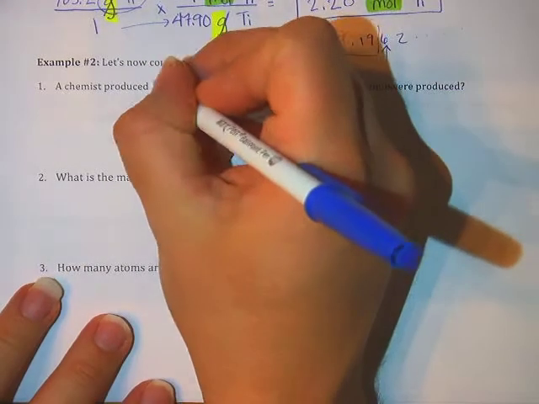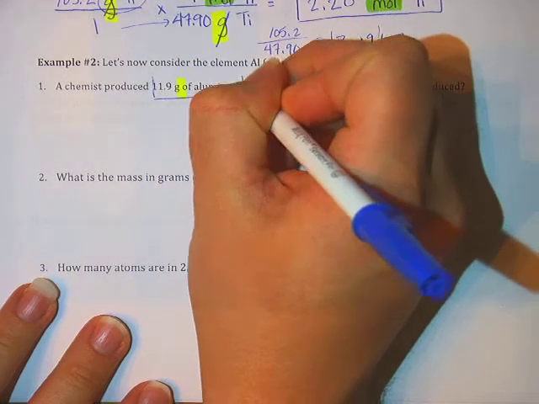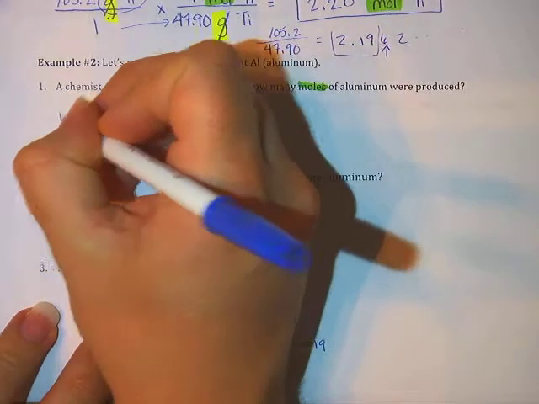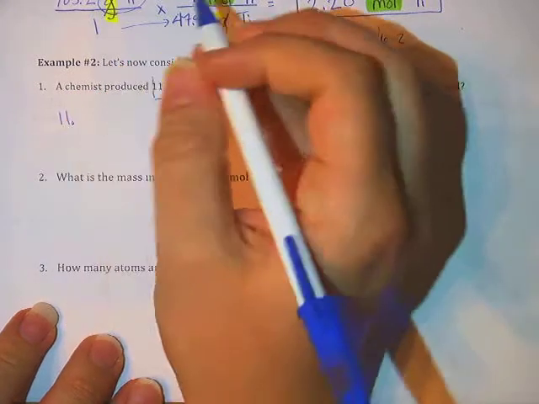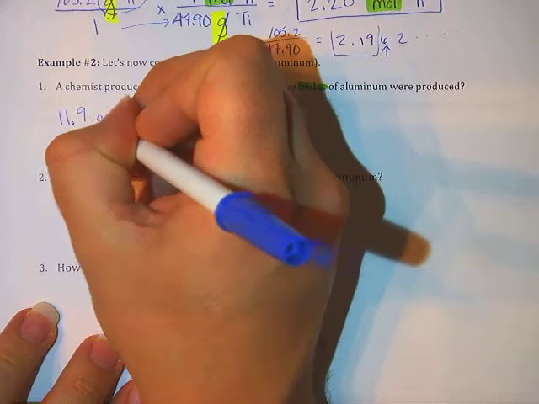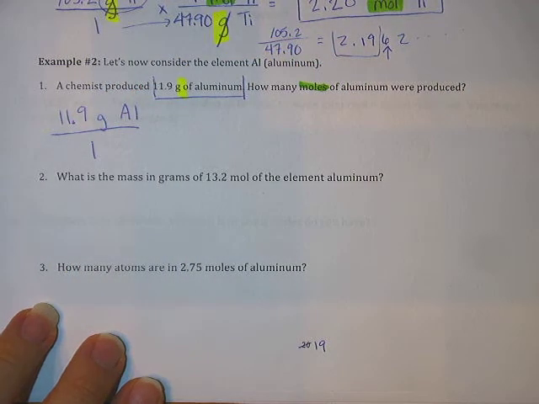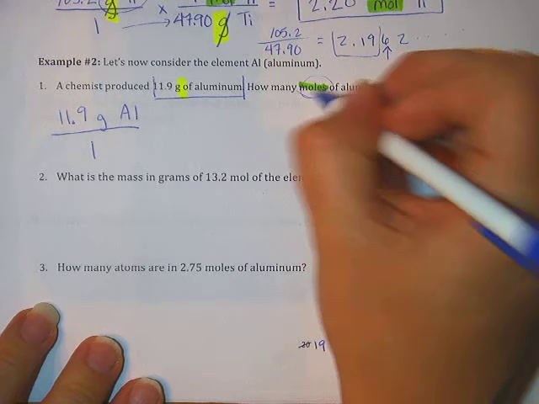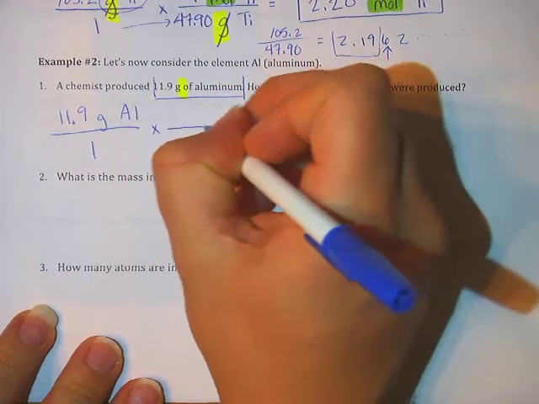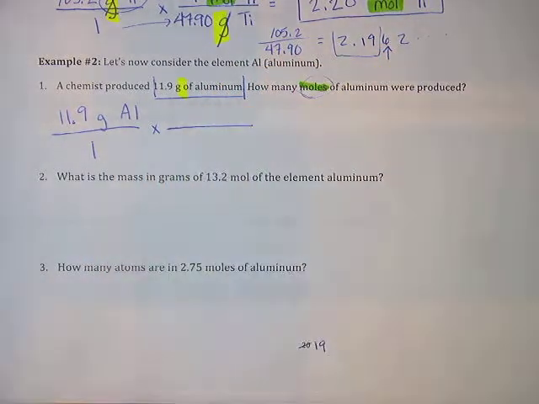The number they gave me and its unit and its element go on top of a fraction over 1. And because I see the word moles, that tells me I only need 2 fractions, so I'm going to do times my second fraction.